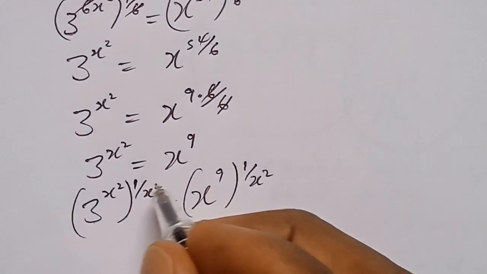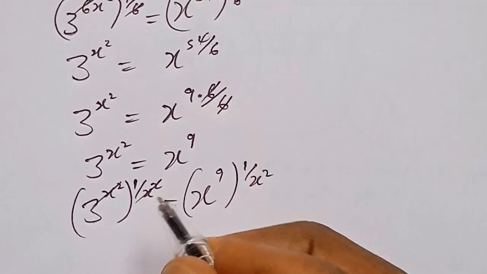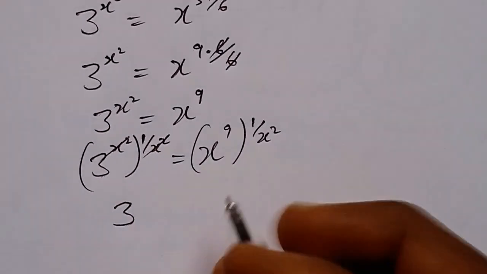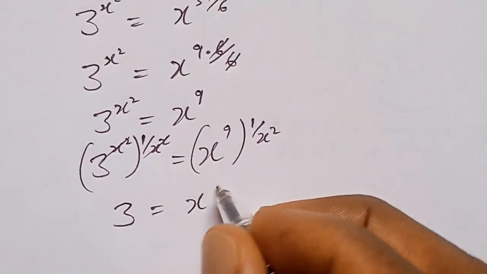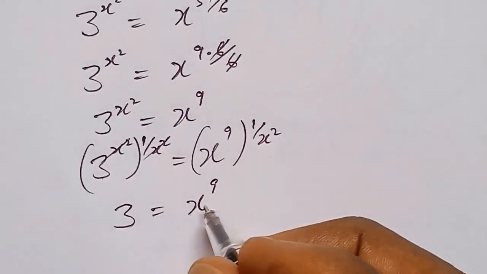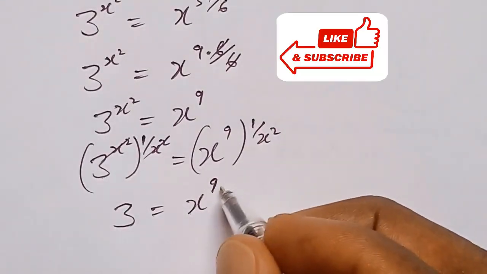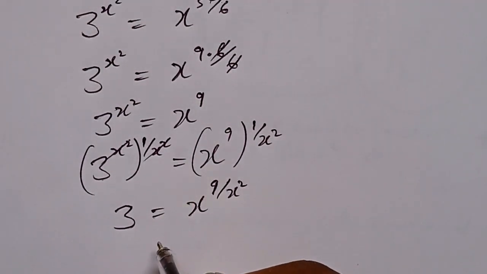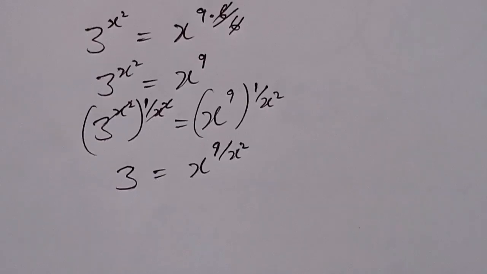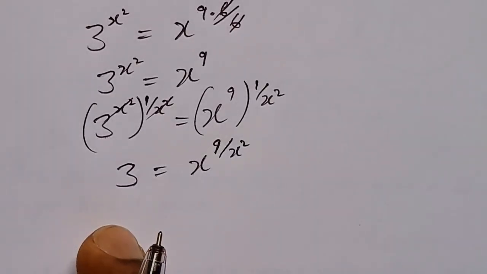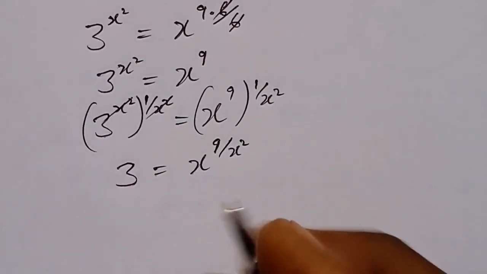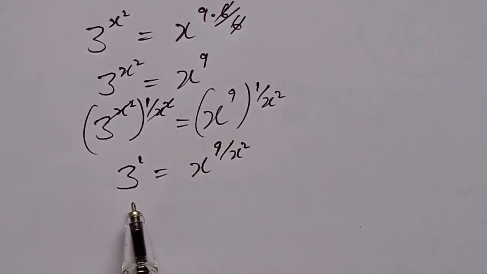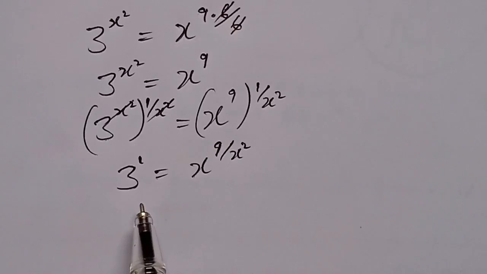And from here this x squared we cancel out with this x squared. So we have 3 equal to x to the power of 9 over x squared. Now we go ahead and multiply the exponent by, don't forget we have 1 over here, we multiply the exponent by 1 over 9.